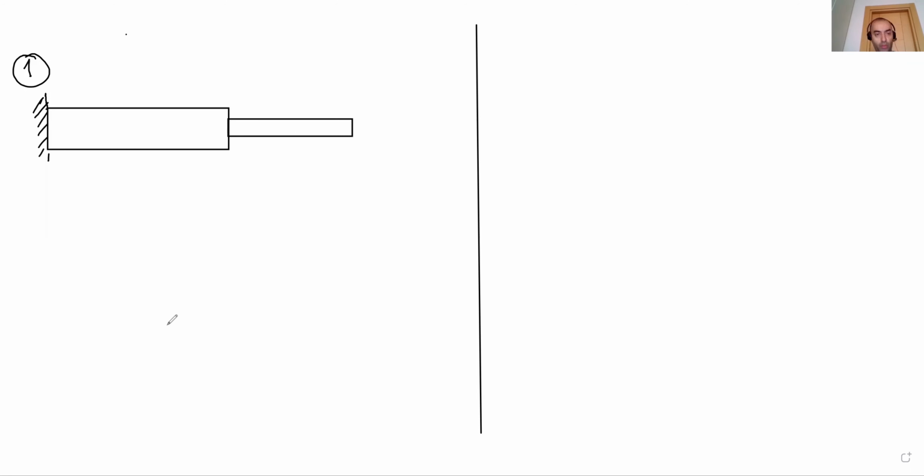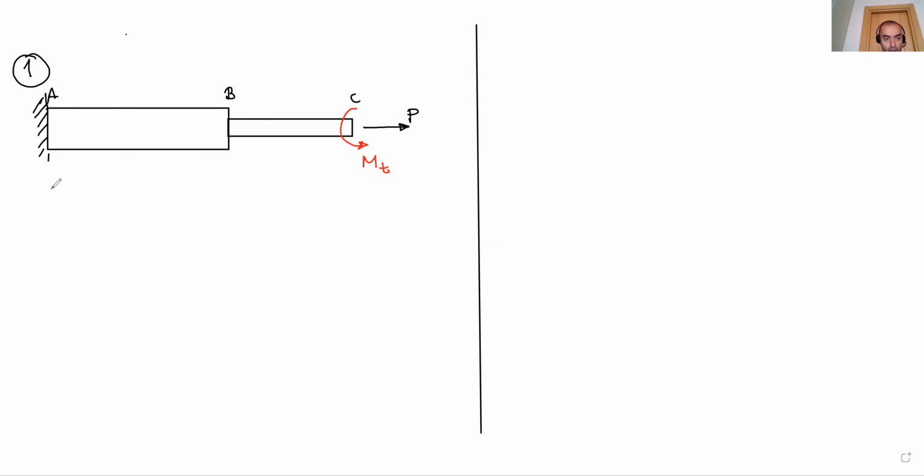Okay, we have a cantilever member. This point is A, this point is B, C. On this member, we have an axial force, which is P. And also we have one more torsion moment at the end of the member.